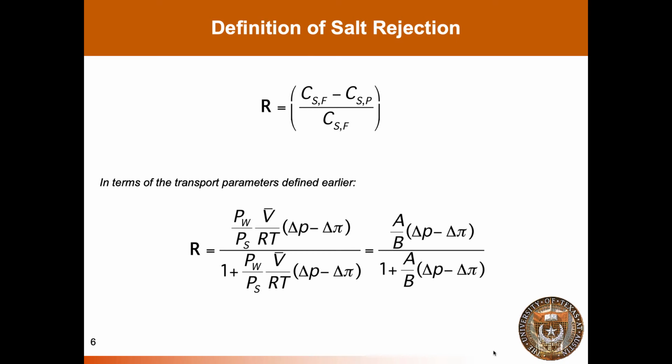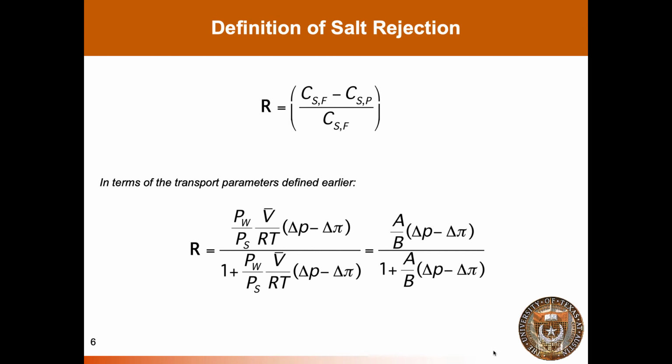And this is partially a result of the fact that in modern desalination membranes, the effective membrane thickness is extraordinarily small. It's on the order of less than 100 nanometers, as thin as 50 nanometers, and so the thickness is hard to measure, which makes it hard to get at the detailed values of these individual permeability coefficients.